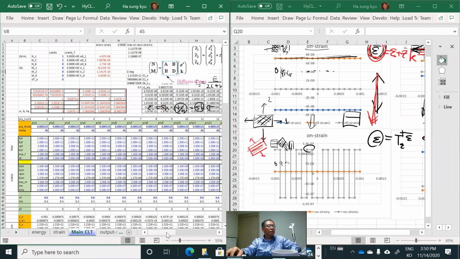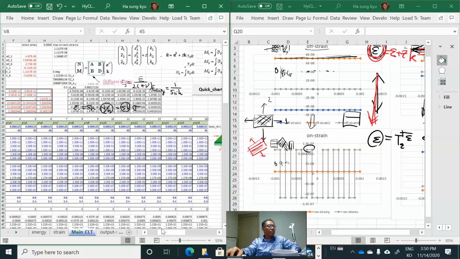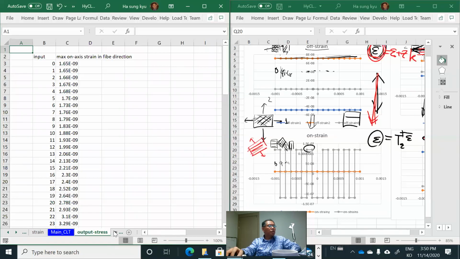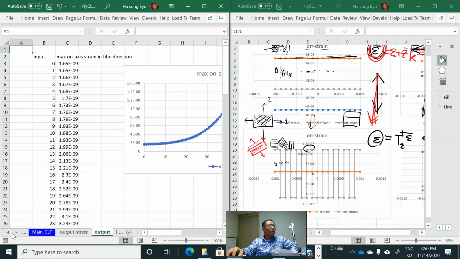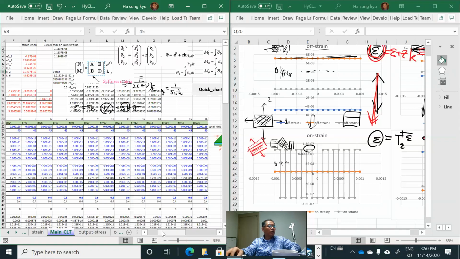The point is that they are changing, and this value and then the maximum value have these distributions like that. Okay. So how much angle do we have right now?